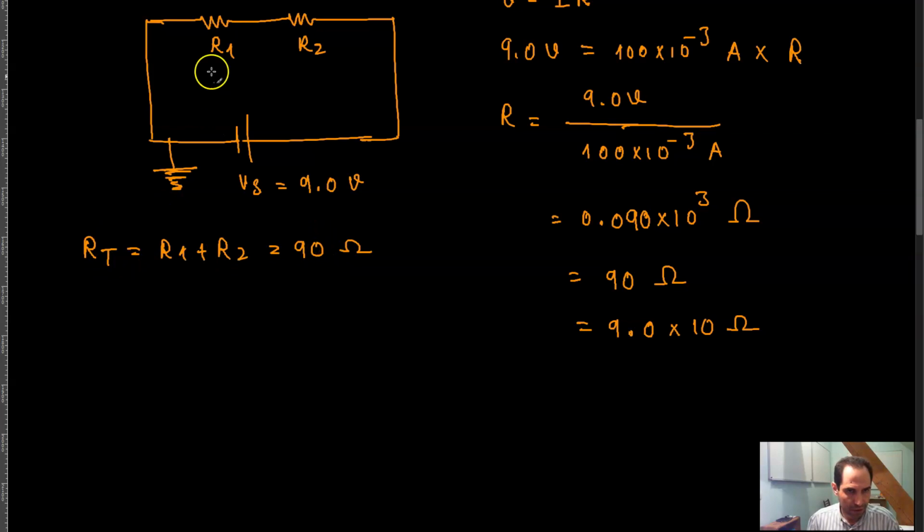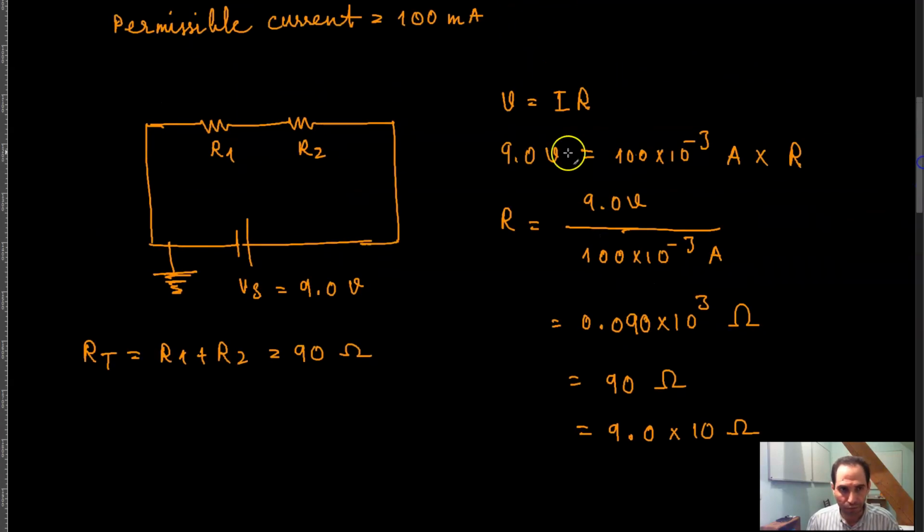And we said that if I call the voltage across this point V1, which is equal to positive 2.5 volts, the ratio of this voltage to the power supply voltage is the ratio of this resistor to the whole resistance.